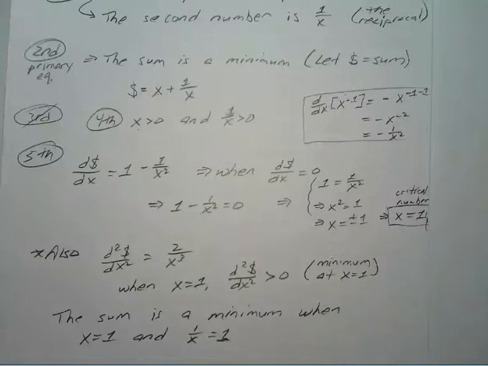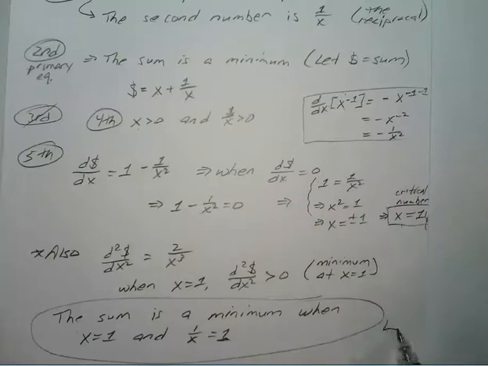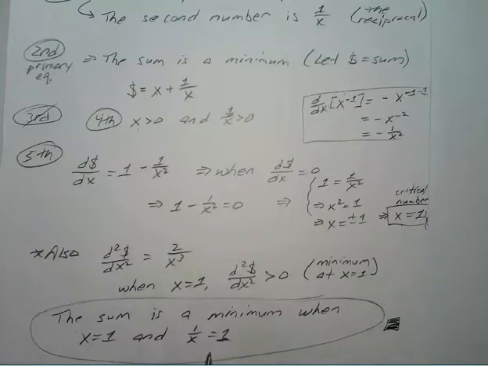Okay, so if you're going to add a number and its reciprocal together, the smallest possible sum of all the positive numbers you can add together would be 1 and 1 over 1. Okay, if you tried 2 plus 1 over 2, you would get a bigger number. If you tried 3 plus 1 over 3, you'd get a bigger number. So the smallest possible number you could get when you add them together is if you use x equals 1 and 1 over x. In that case the sum would equal 1.